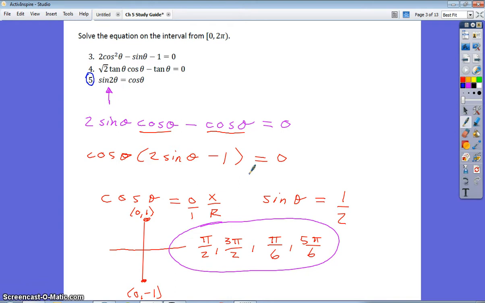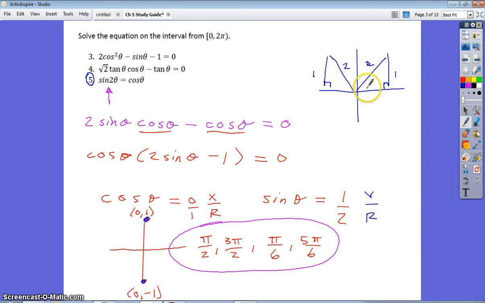I wanted to find the angle values that will get a 0 for cosine. So I look at the ratio: what's x over r? Where's x equal to 0? At 2 spots, here and here, at pi over 2 and at 3 pi over 2. So what about 1/2? You have 2 spots, in the first and the second quadrants.